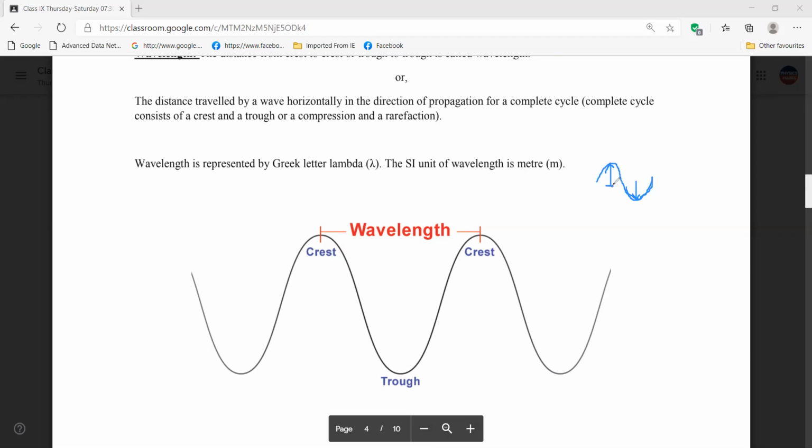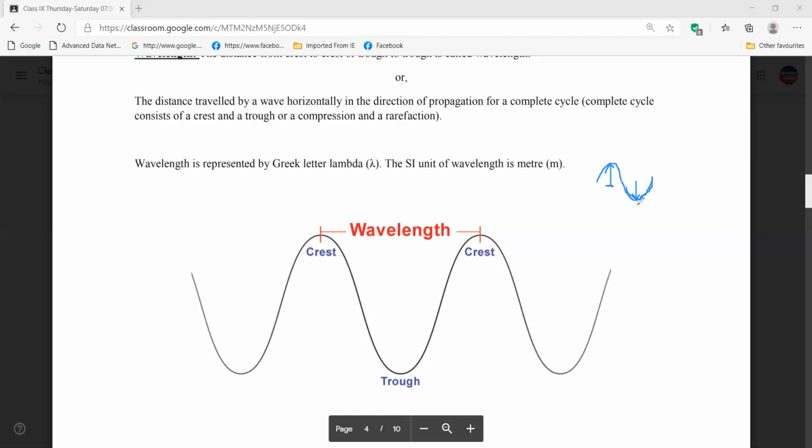Now, one upside vibration and one downside vibration give us a complete vibration, right? One upper vibration and one lower vibration of the particle gives you a complete wave, or we can say a complete cycle.